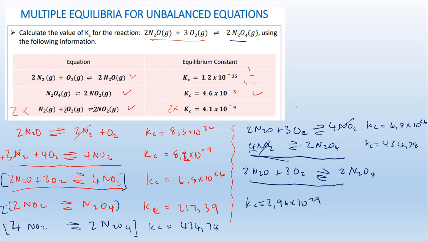So now this is the equation of interest. We managed to form 2N2O and 3O2 giving 2N2O4. So this is the final answer, and this will be the value of Kc for this reaction over there. Hope that was helpful.